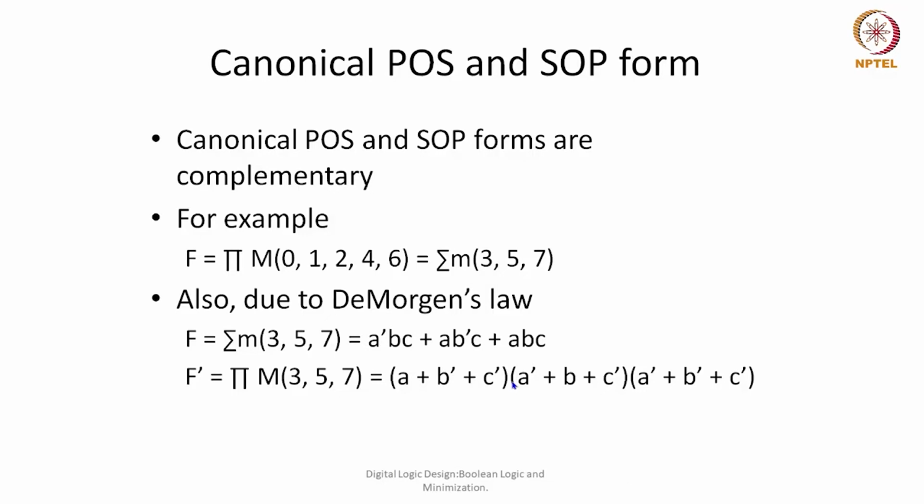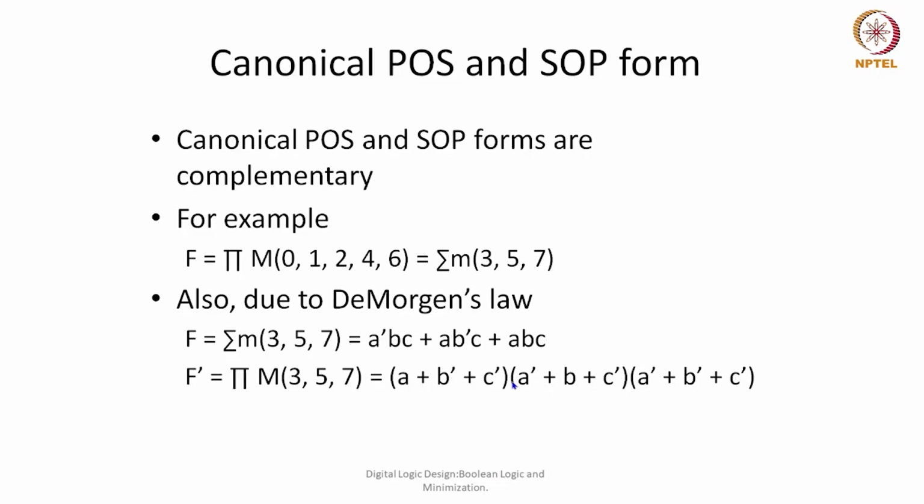After arriving at the canonical form, the next step we wanted to see is, after having the whole expanded form where all the variables are present in each sum term or product term, how can we further minimize?